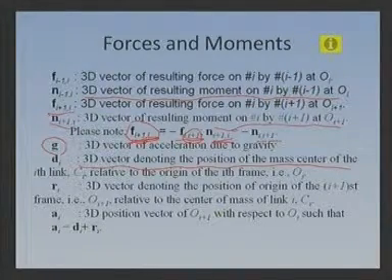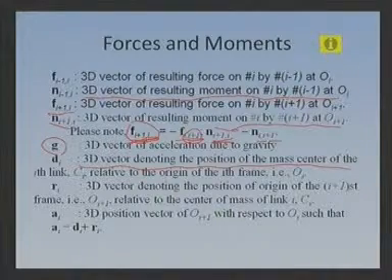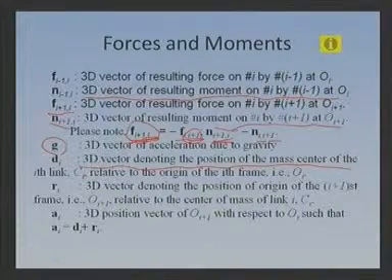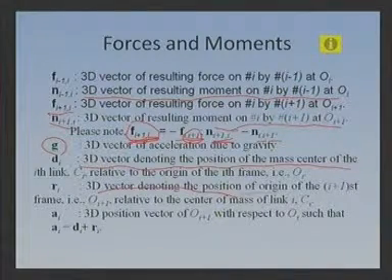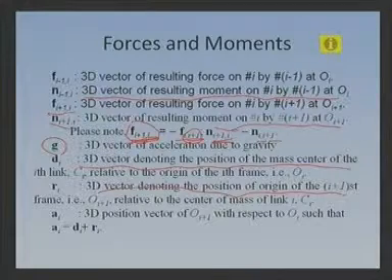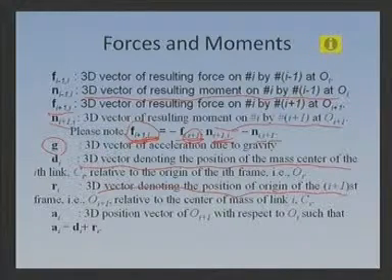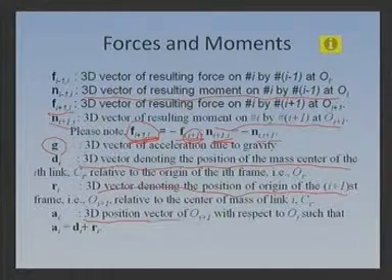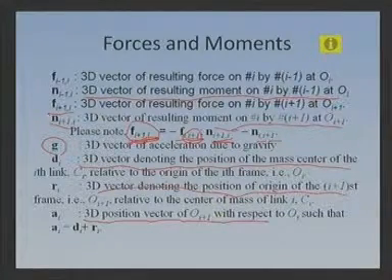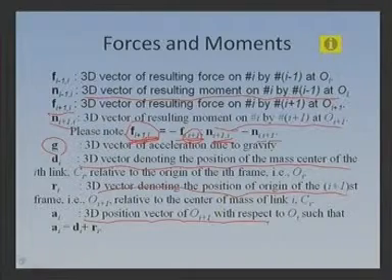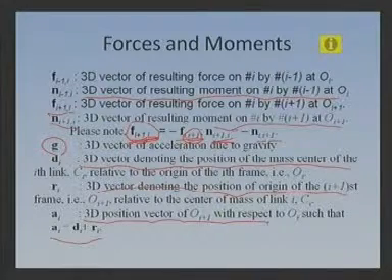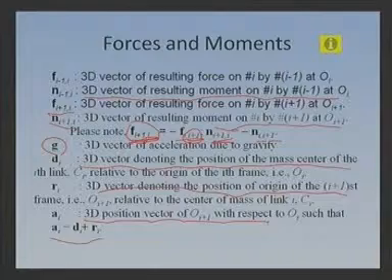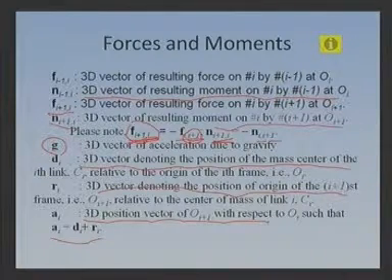So, di is the vector from OI to Ci. Ri, accordingly, we define as a vector from Ci to OI plus 1, and ai is the 3-dimensional vector of OI plus 1 with respect to OI, such that ai is equal to di plus ri.